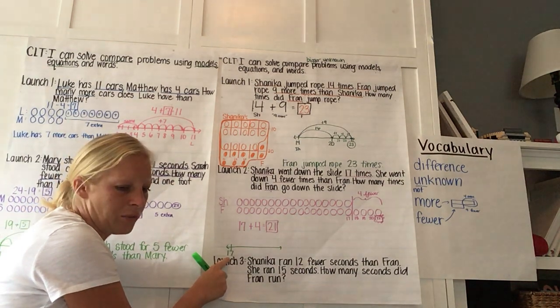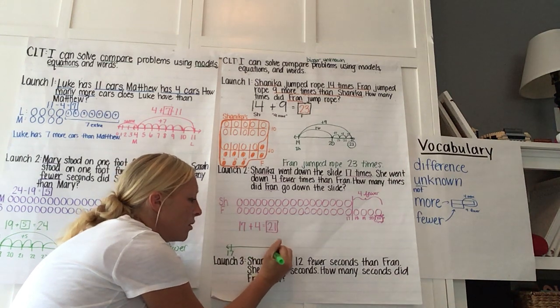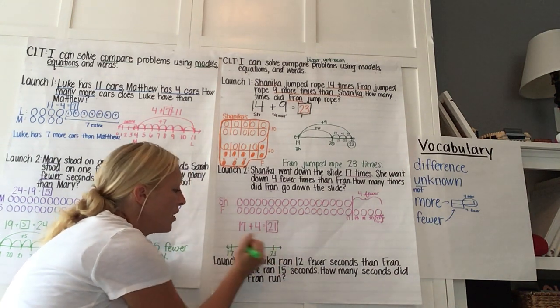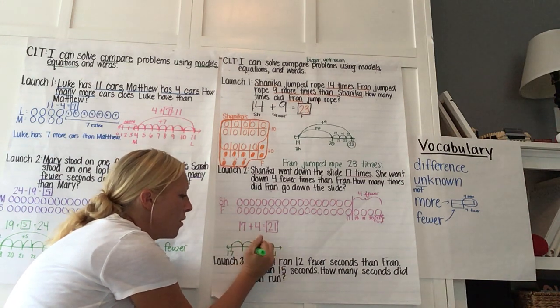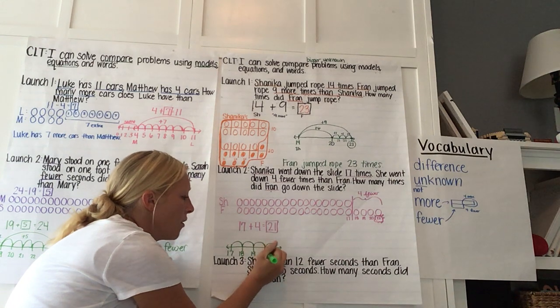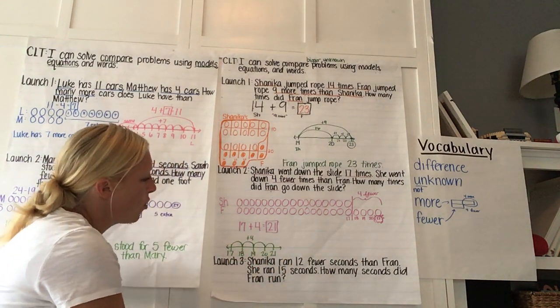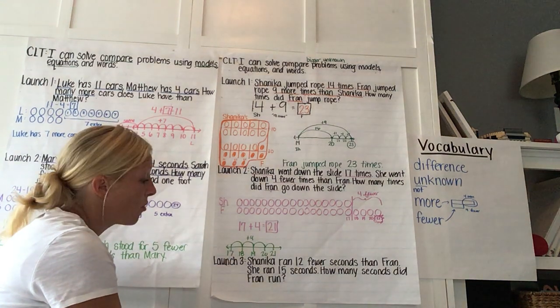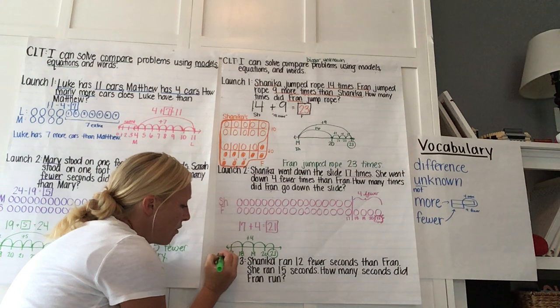So then what did you do? You were trying to figure out 1, 2, 3, 4. Okay, so that was 4 fewer, 4 more. So 4 more was 21. So this is fewer.